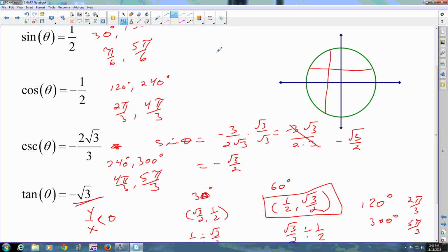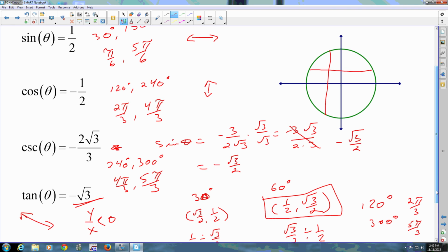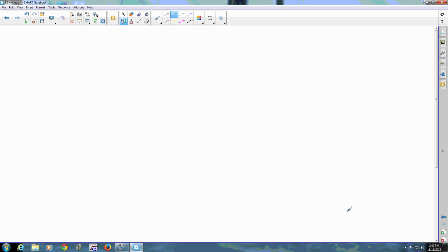Okay, keep that in mind. Cosine, the answers will be opposite of each other vertically. Sine, you're going to have answers that are opposite each other horizontally. And tangent, you're going to have answers that are opposite each other diagonally. Okay. And that looks like that.